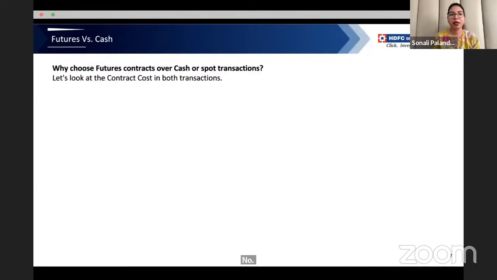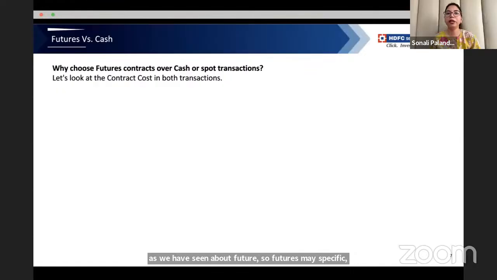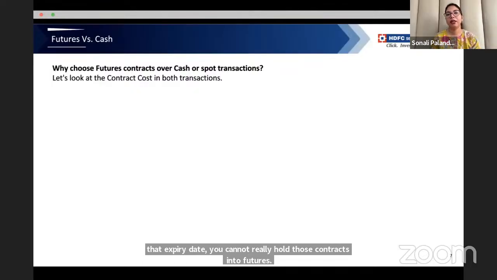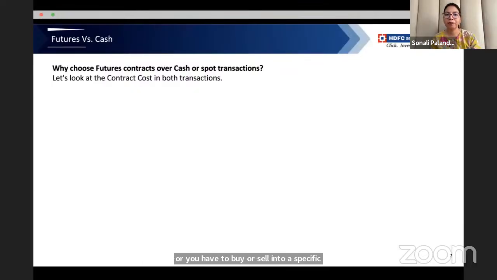As we have seen about futures, in futures there is a specific expiry date for any contract. After that expiry date you cannot really hold those contracts in futures, or you have to buy or sell in a specific lot size, right?